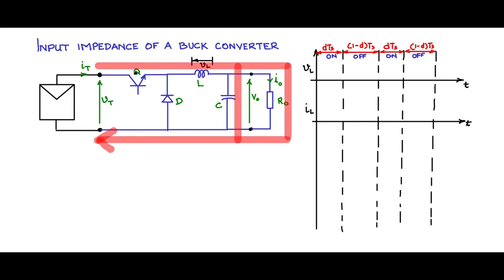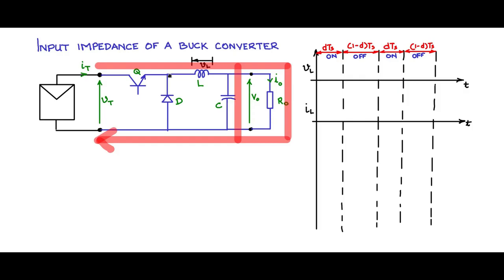So when Q is on during the DTS portion, let us see how the waveforms look like. The voltage across VL first. This node of the inductor is at potential VT because Q is on, diode is off.